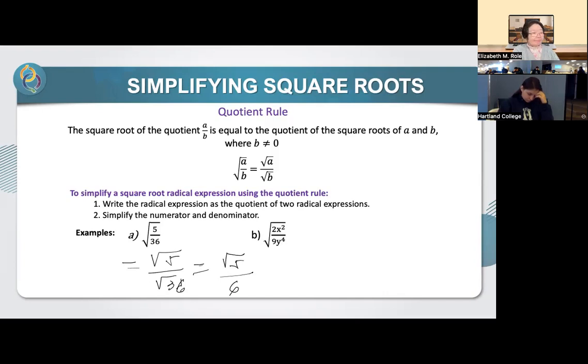Letter B. x over 3y squared, times what remains under the radical, and then the radical remains.